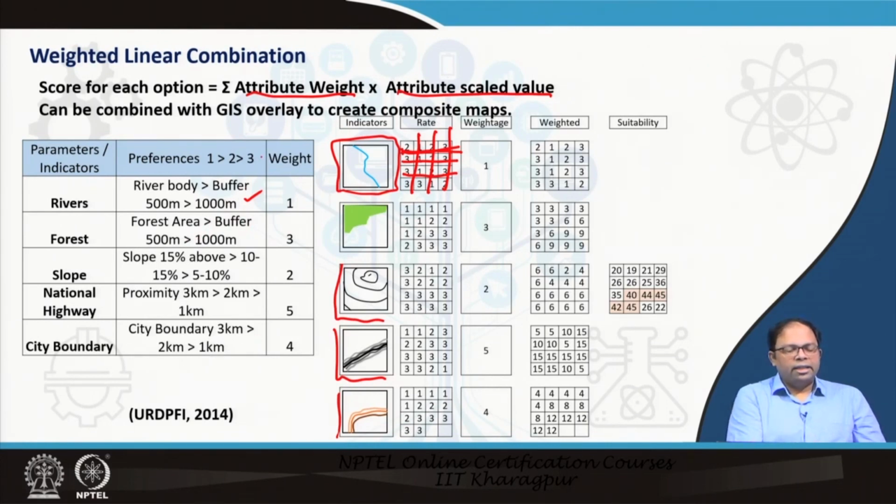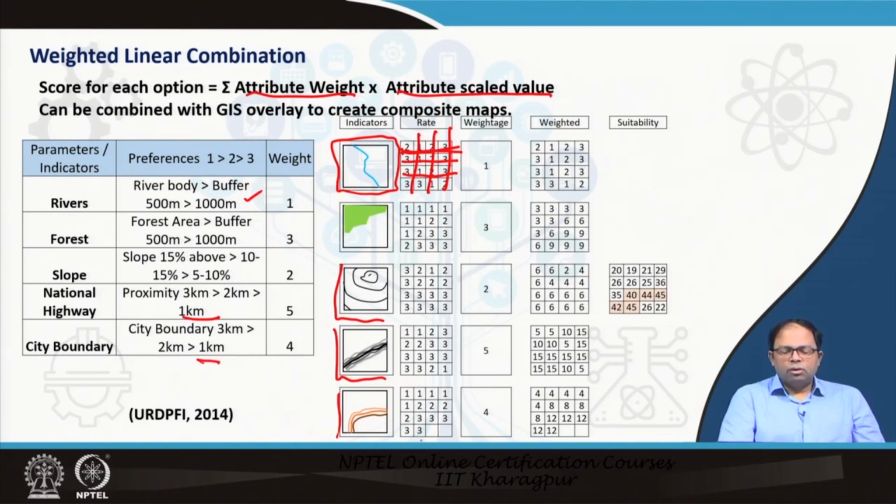In the same way we give values for slope: 1 is of course bad, 3 is good. For the national highway, the nearer we are to it, the higher the score. So if we are within 1 kilometer, we give it a score of 3, and the same goes for city boundary. If we are near the city boundary, then we give it a higher score, and so on.